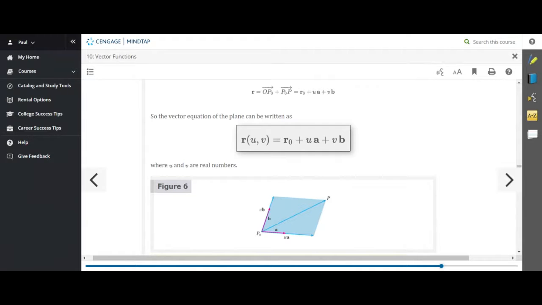And any point in that plane is a linear combination of the vectors A and B. So the vector function that represents the plane is equal to r sub 0, the vector function that goes from the origin out to the point P sub 0, plus any linear combination of vectors A and B. That will trace out a plane in space.